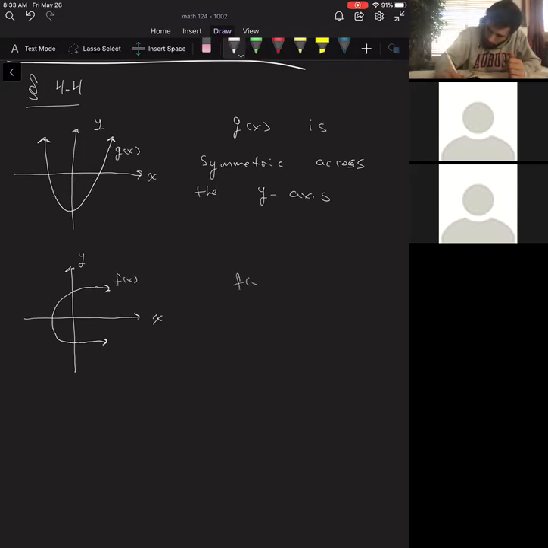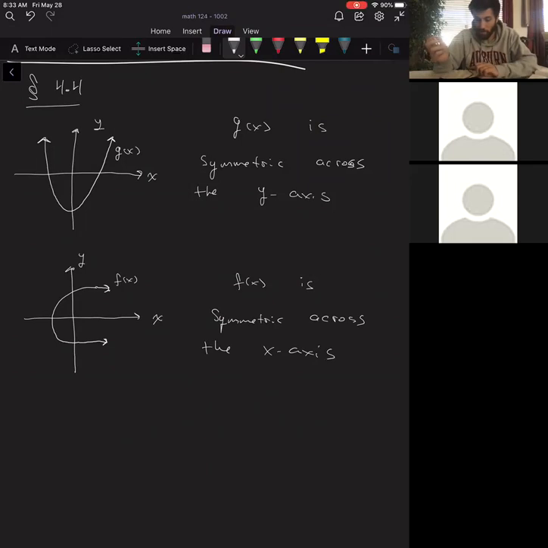So f of x is symmetric across the x-axis. Okay, so all that basically means is that the x-axis is like a mirror image. So these are two types of symmetry.